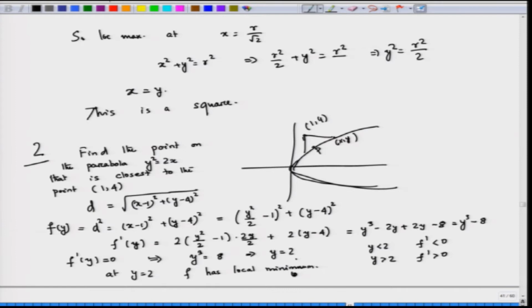Right. So, now let us find out what the point is. If y is equal to 2, then y square, which is 4, is equal to 2x. This implies that x is also 2. So, the point P is (2, 2), and this point is going to give the local minimum.